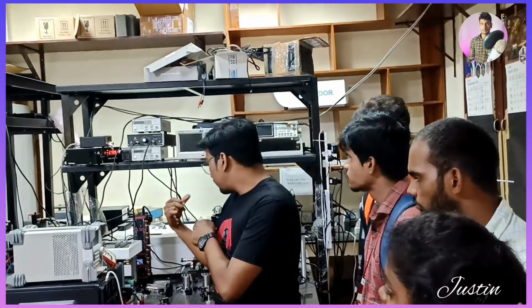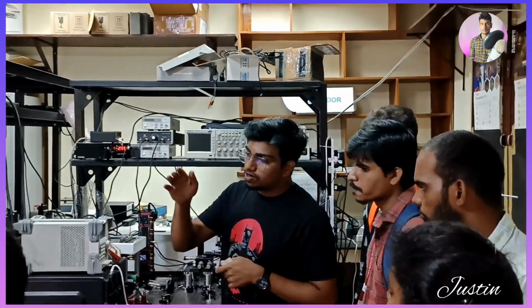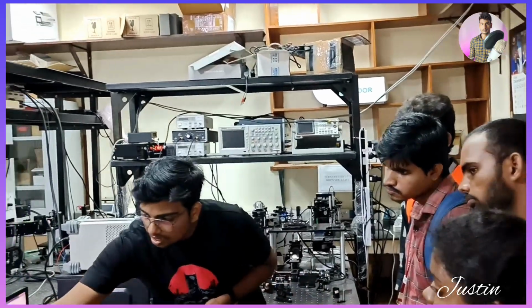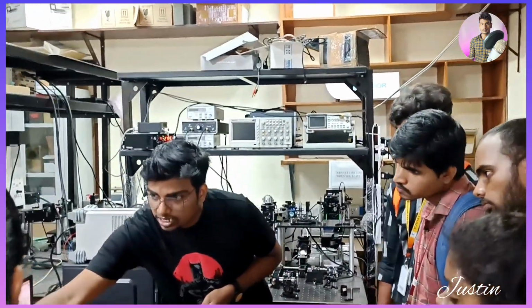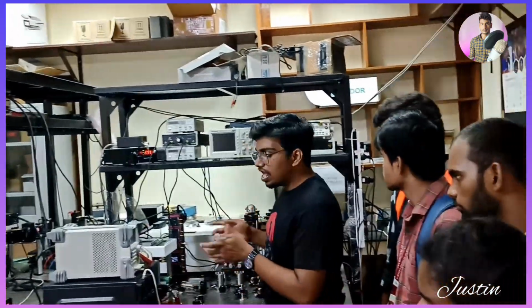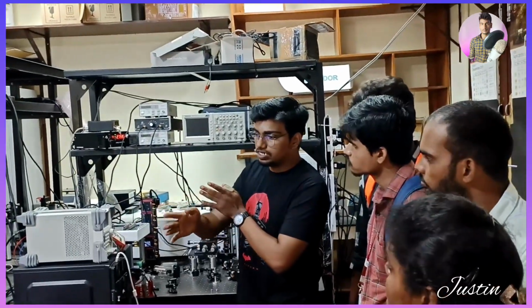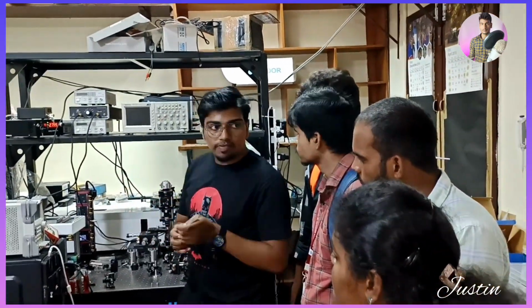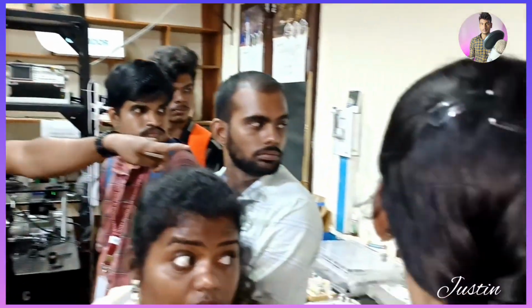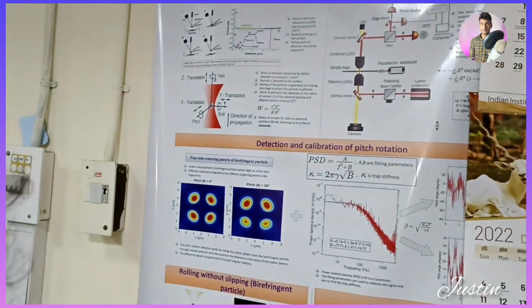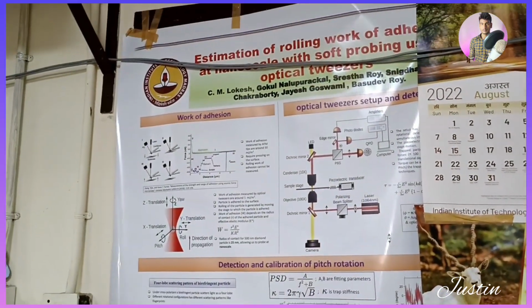So our professor made a setup for that. If the particle is rotating out of plane, it will have a scattered pattern. You won't understand much detail of it, but there will be 4 lobes like that.